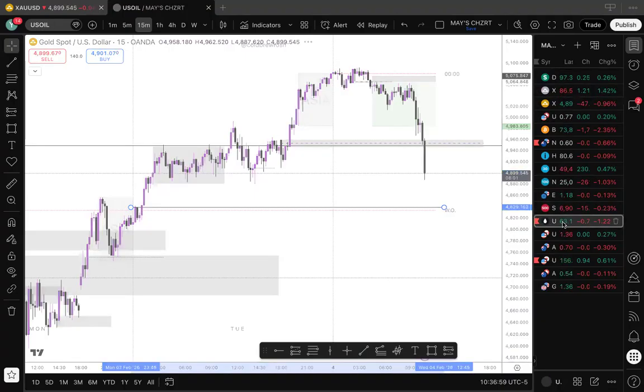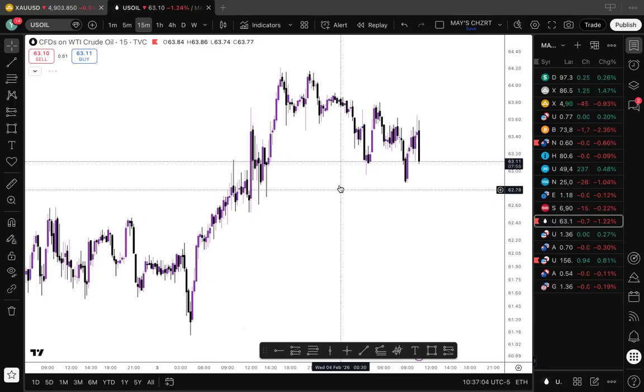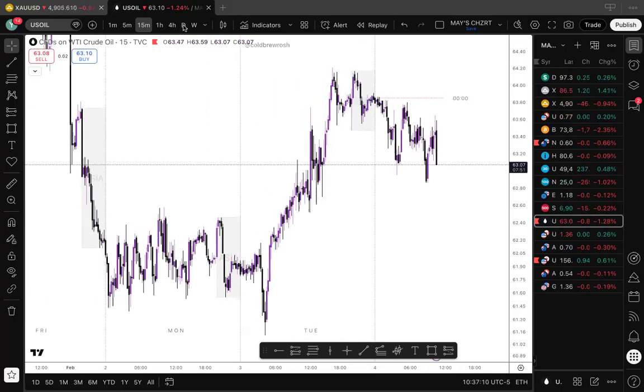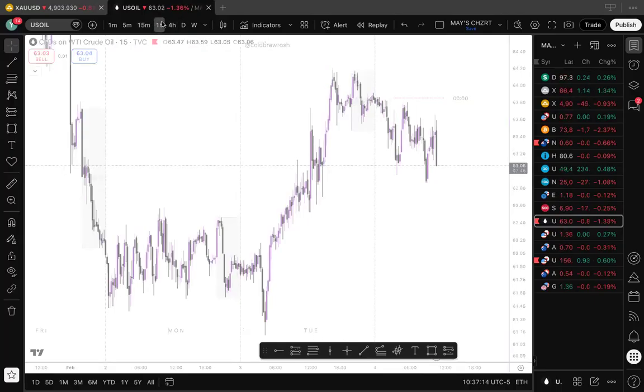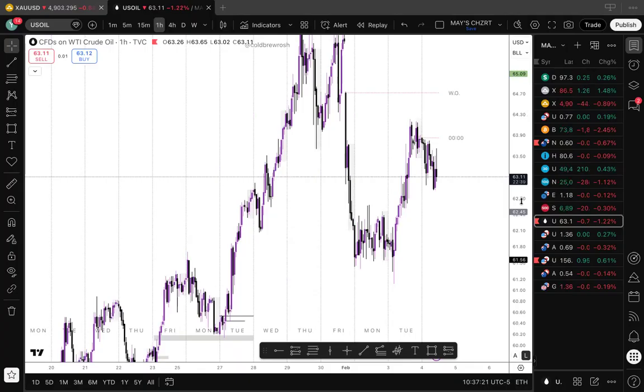I was looking at something yesterday. Let me look at the charts. I probably have something on it that I was thinking about. But I think this thing can continue to go higher. It's possible that we see that. But I'm not an oil trader, so I had some annotations on this. Where are they?